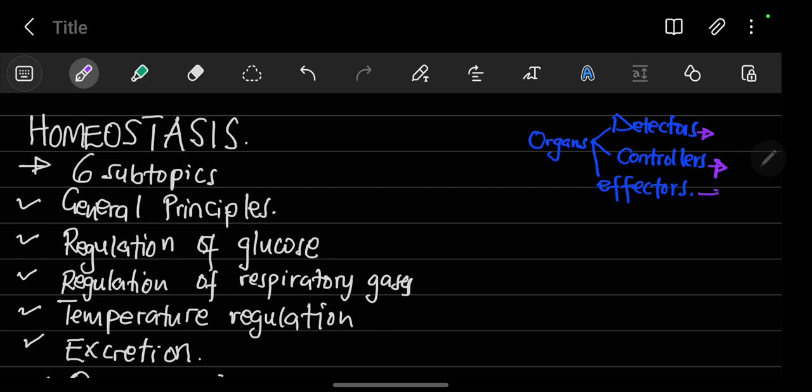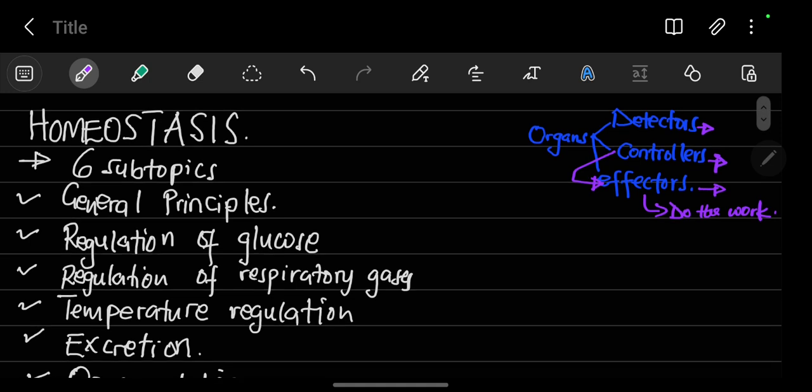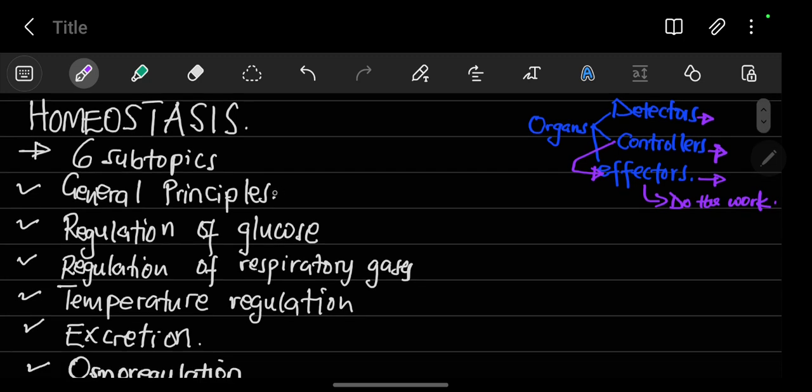Then the controllers give instructions to effectors, and these effectors are going to be doing the work of bringing back a deviation to normal.